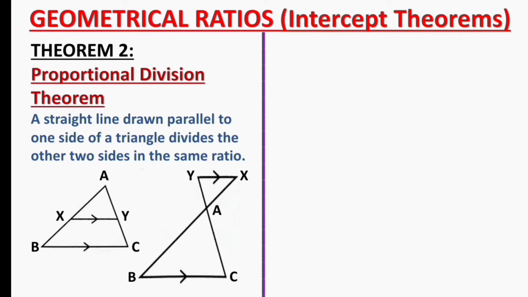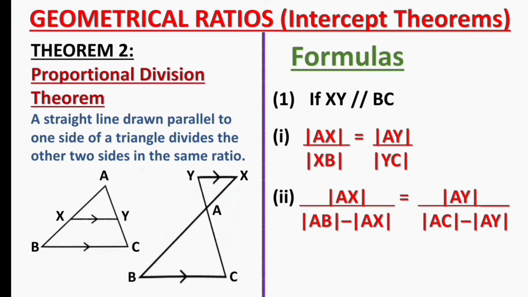We have a triangle ABC with a line XY drawn parallel to BC in the first diagram, while the second diagram looks like the first diagram, but here we have the smaller triangle AXY flipped upwards, so that we now have an arrangement of a triangle AXY inverted upside down above another triangle ABC with the line XY parallel to BC. Let's see the formulas associated with theorem 2, talking about the proportional division theorem.